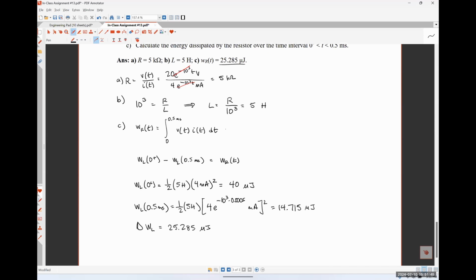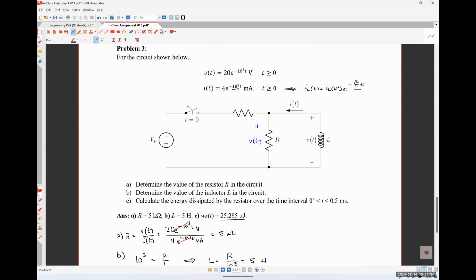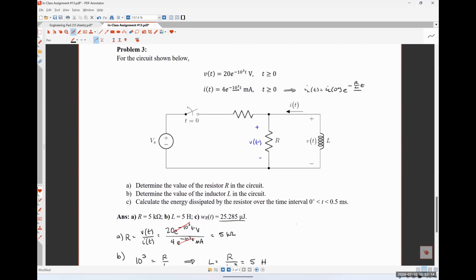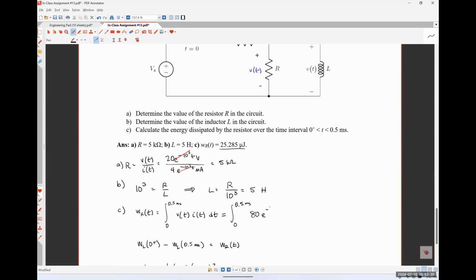Just for the sake of argument, because I have negative one minute, I'm going to make you guys suffer through this for just a moment here. If I multiply these two things together, 20 times 4 is going to look like 80 milliwatts. e to the minus 10 to the 3 t times e to the minus 10 to the 3 t is going to look like e to the minus 2 times 10 to the 3 t, dt.